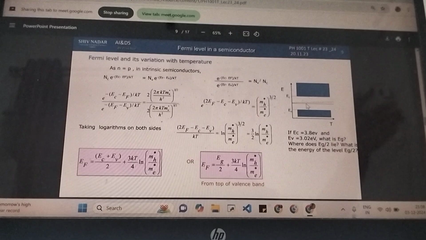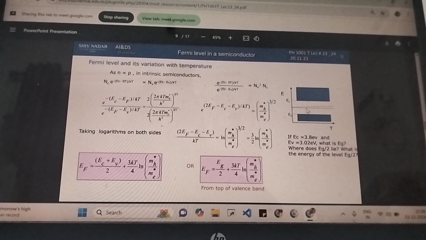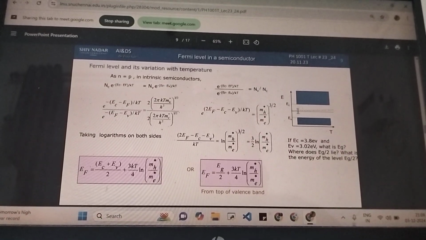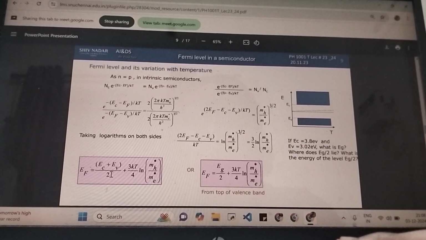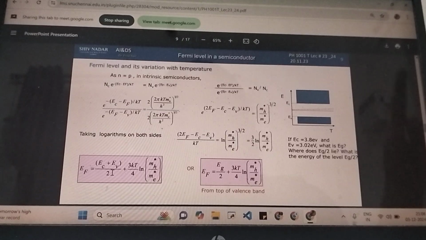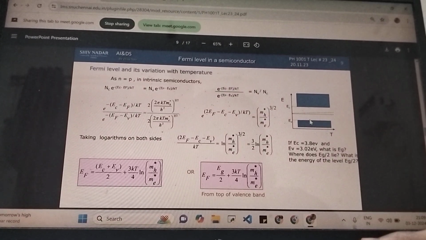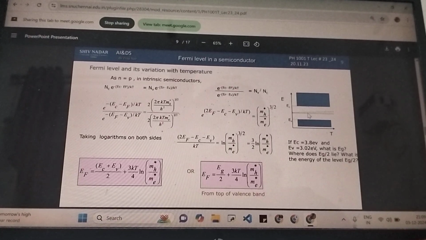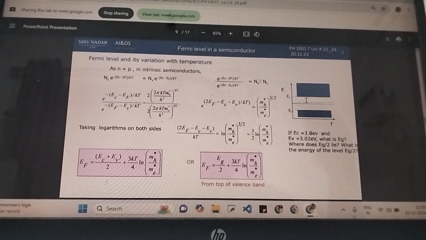In terms of absolute number of buildings, it is the 5th house, but relative to a landmark such as the temple, it is the 2nd building. So similarly, generally EF is the midpoint of EC and EV, so it is (EC plus EV) by 2, under 0 Kelvin conditions. But when I am talking with respect to EV, how far it is from the top of the valence band, it becomes Eg by 2, where Eg is EC minus EV, the gap between them.